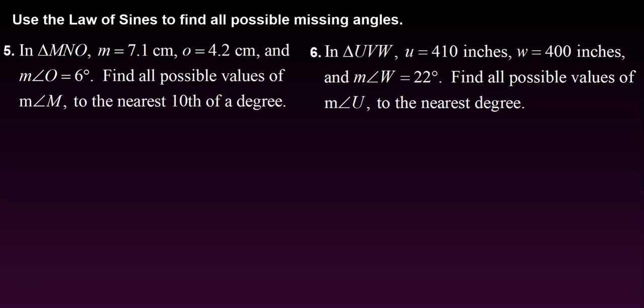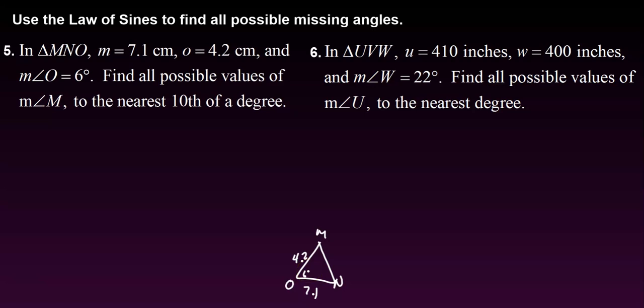Again, I'm going to draw a really small triangle because I need space for the work. Here's my M, N, O. They gave me 7.1 here, 4.2 there, and they gave me that O is 6 degrees.